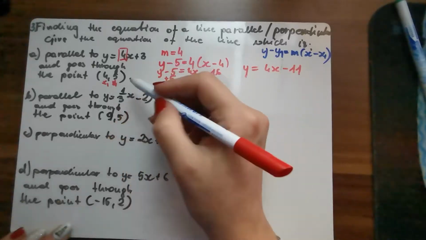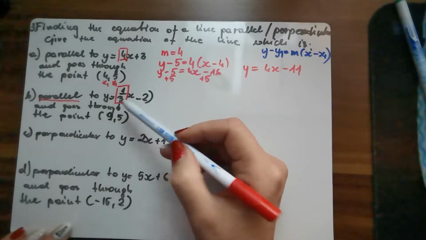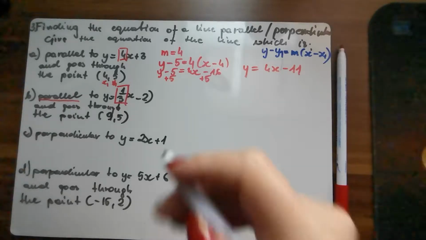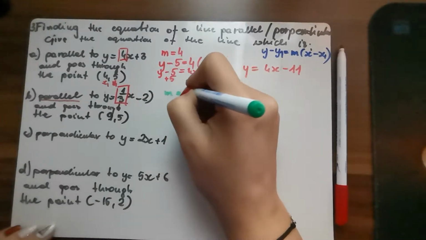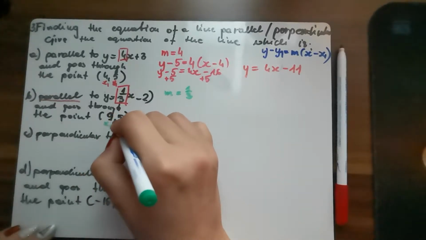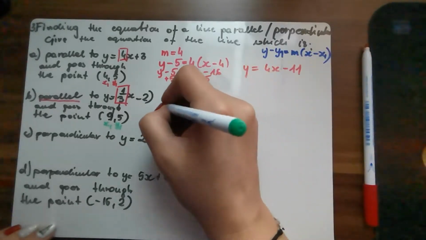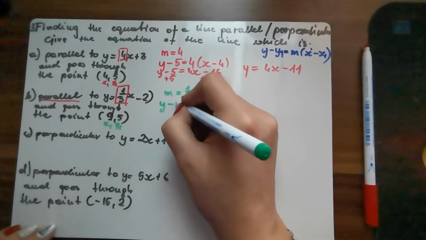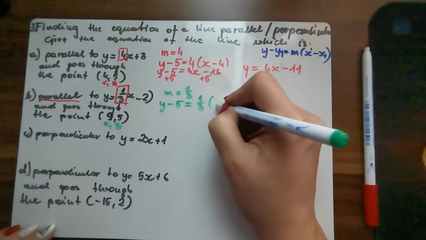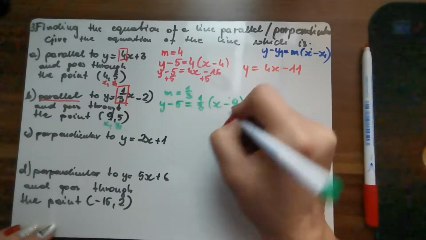The next one, this is again a parallel line, so the gradient will be exactly the same. So it will be gradient equal to 1/3. So this is our x1, this is our y1. So substitute into the equation: y take away 5 is equal to 1/3 times x take away x1, 9.